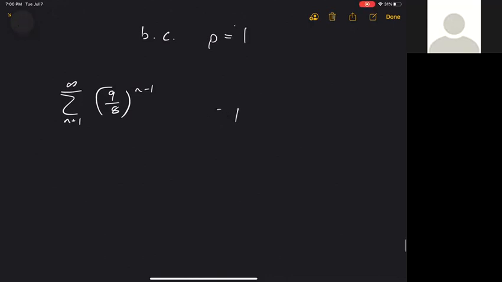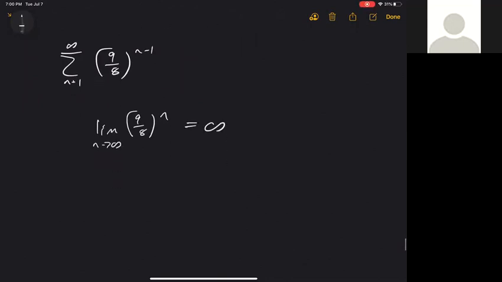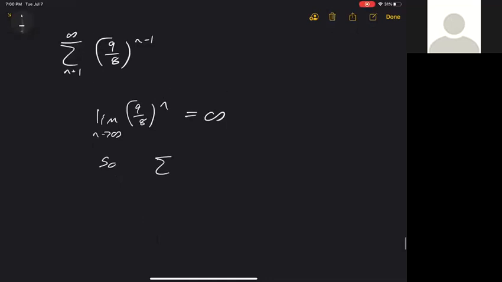Or you could say, well, hey, limit of 9 over 8 to the power n as n goes to infinity. Well, that limit's equal to infinity, which is not equal to 0. So the series diverges by divergence test.